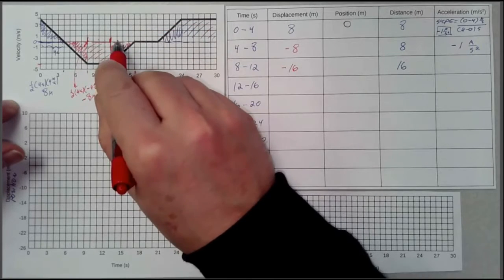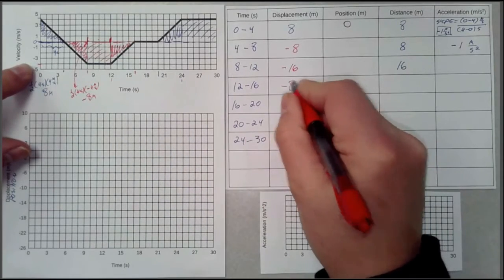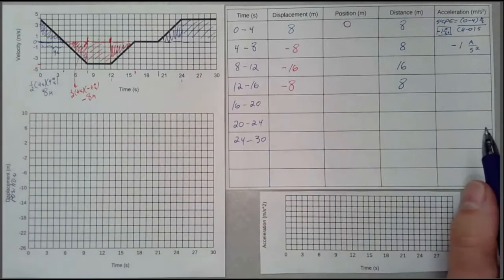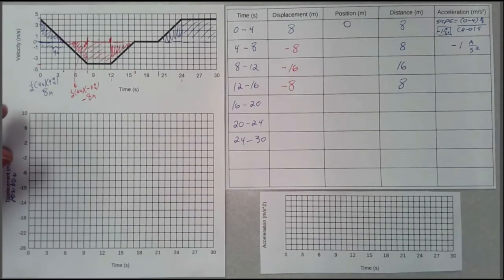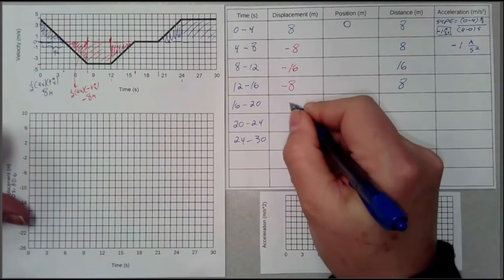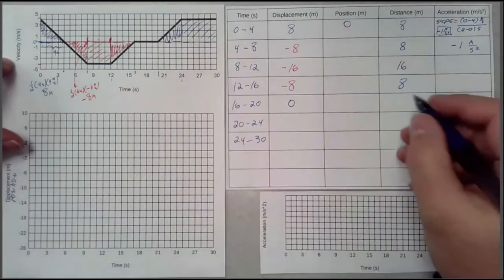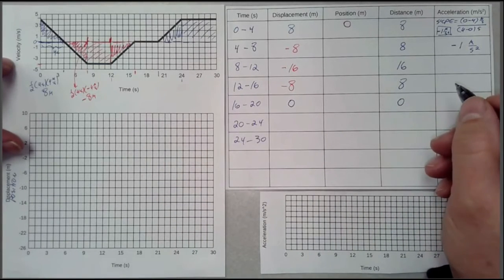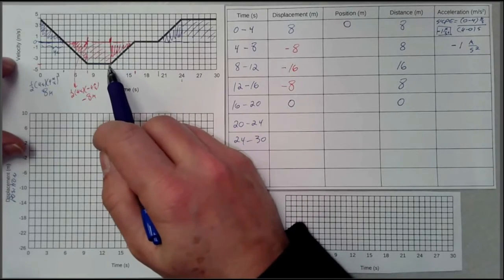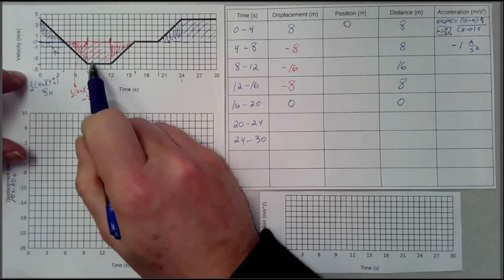So 1/2 of 4 is 2 times negative 4 is going to be negative 8. So that was that triangle right there. This next segment has no displacement, so 0, and the distance change in that time is 0.